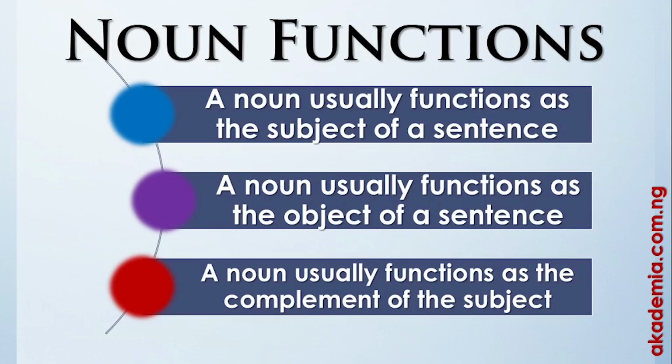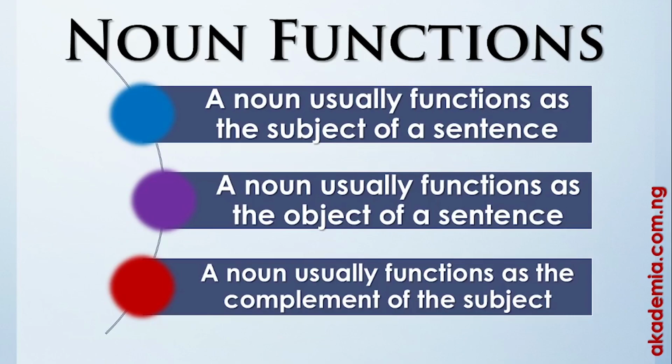Whatever you find in the object position of a sentence is most likely a noun. Another way to identify a noun is that a noun usually functions as the complement of the subject. A subject can have a complement. A subject may not have a complement. But a noun will usually function as a complement of the subject.